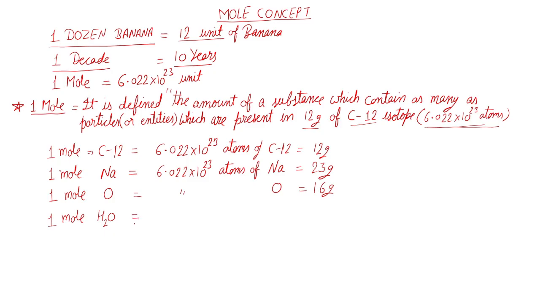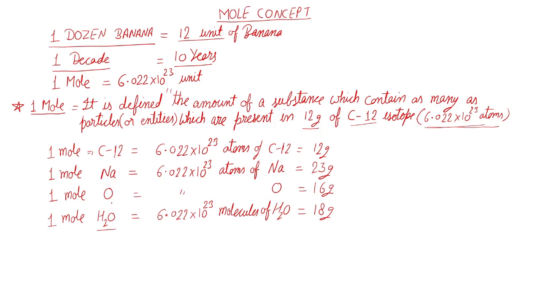And if we say 1 mole H2O, now one important point here: H2O is a compound, and the building block of a compound is molecule, we know. It means it will contain 6.022 into 10 to the power 23 molecules of H2O, and the weight is 18 gram, we know.